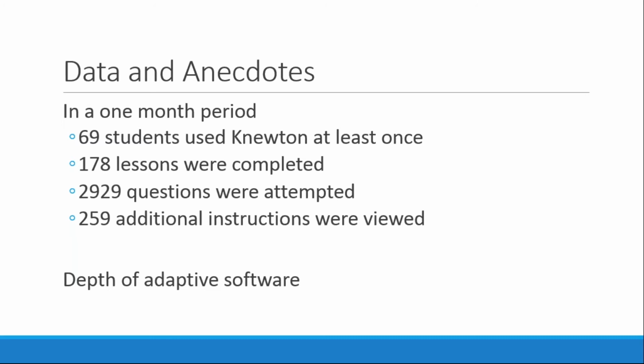And one of the things that's really impressed all of us here has been the depth of the adaptive nature of this software. We were working inside of a college algebra course looking at plotting Cartesian points, and as we were working in the assignment, we kept missing questions intentionally.